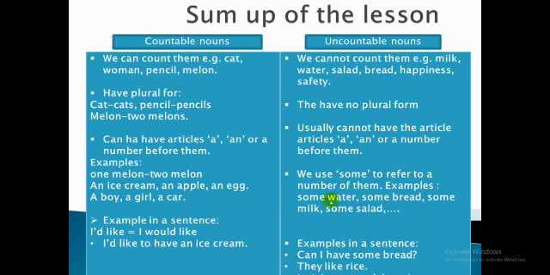Examples: we say some water, some bread, some milk, some salad, and so on. Examples in a sentence: Can I have some bread? They like rice. I wish you much happiness. That's the sum up of the lesson, guys.